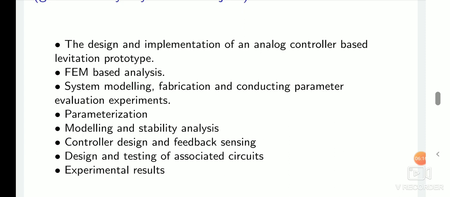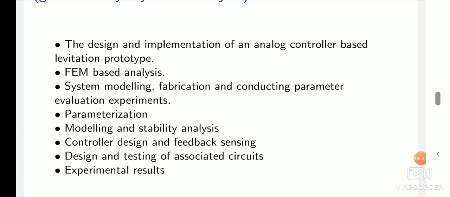The PCB is fixed with the practical setup, and then it is fully completed. So these are the steps we have to follow, and we will use six or seven simulation softwares to fabricate this prototype. The first software we require for electromagnetic analysis is ANSYS Maxwell. For system modeling, we require MATLAB Simulink or Scilab.